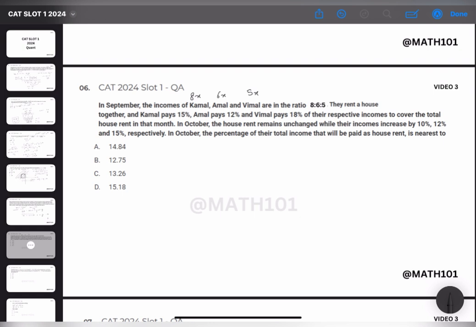Kamal pays 15% of his income, which is 15 by 100 into 8x, plus Amal pays 12% of his income, 12 by 100 into 6x, plus Vimal pays 18% of his income, 18 by 100 into 5x, which equals 120x plus 72x, which is 192x, plus 90x is 282x by 100.